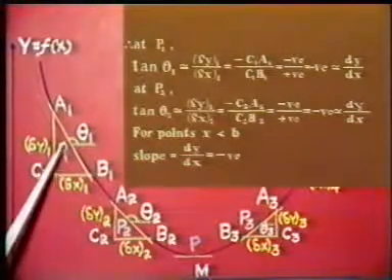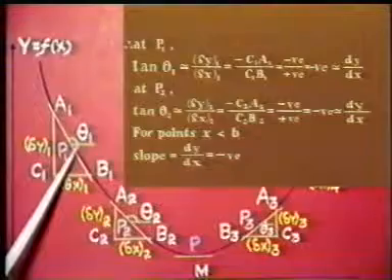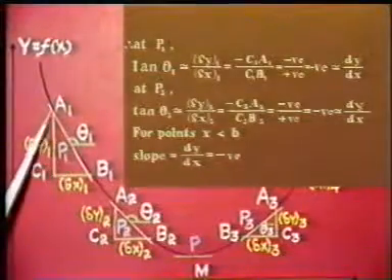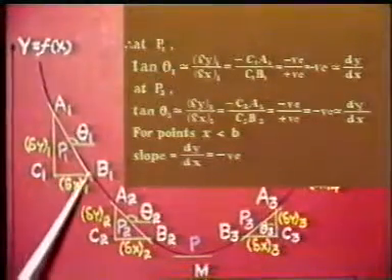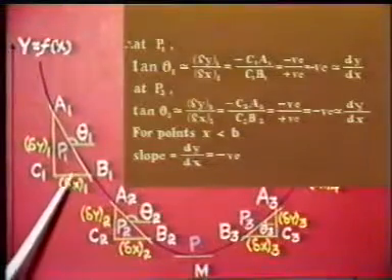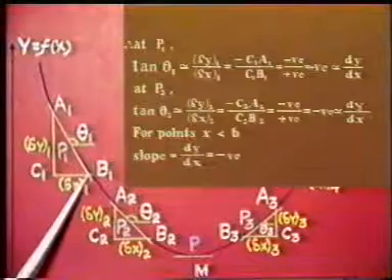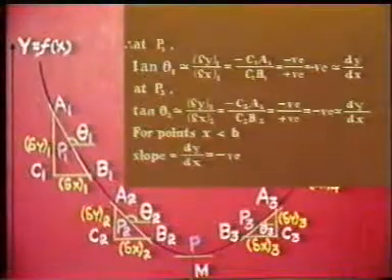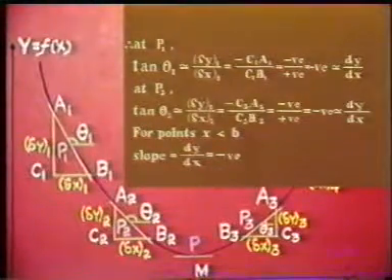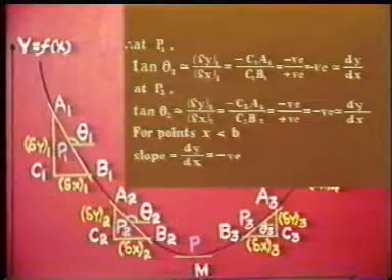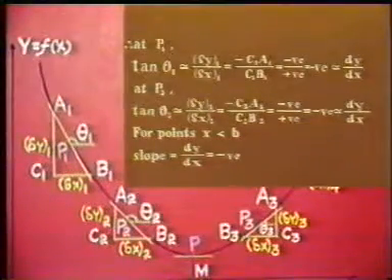Therefore, at point P1, tan theta 1 is approximately equal to delta y1 divided by delta x1 is equal to minus C1A1 divided by C1B1, is equal to negative divided by positive, is negative, and is approximately equal to dy upon dx.